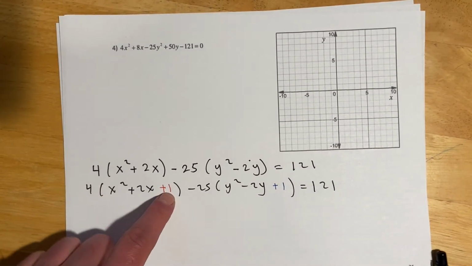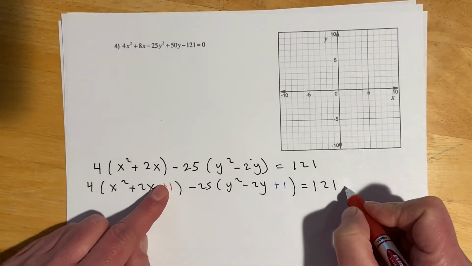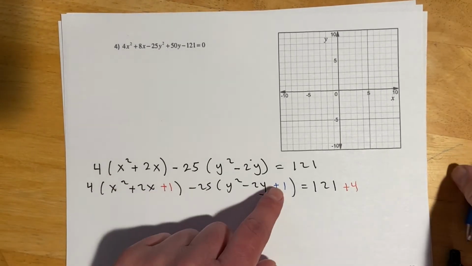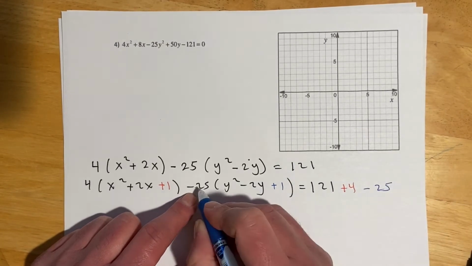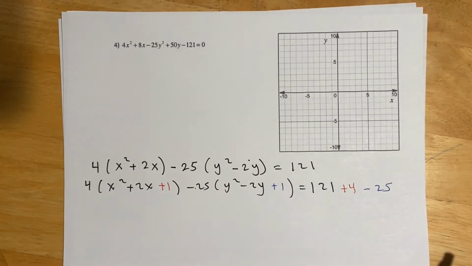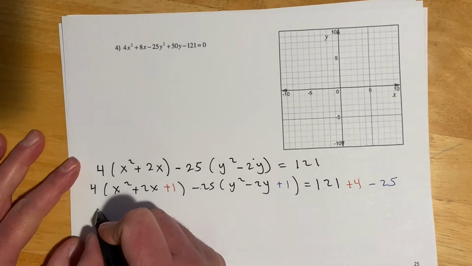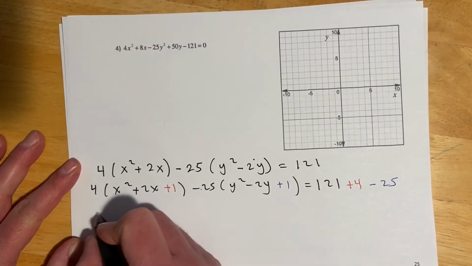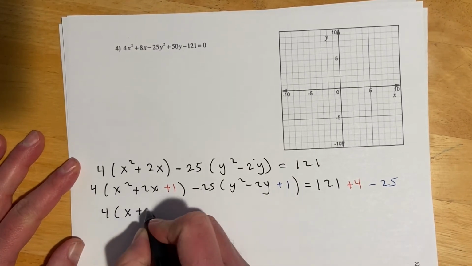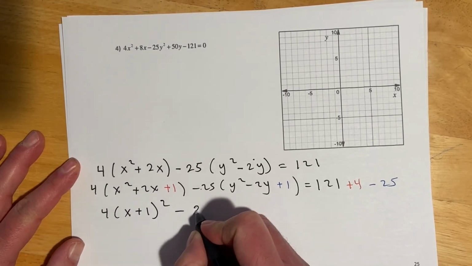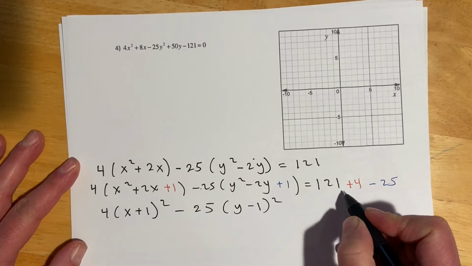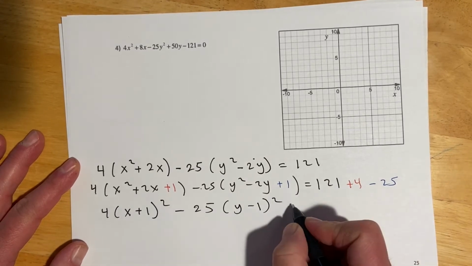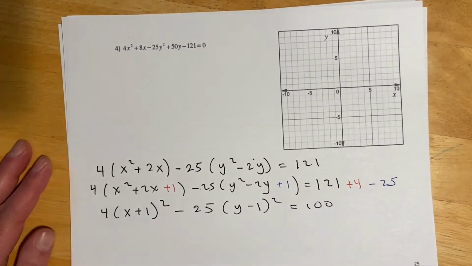And then this isn't really 1, this is really 4 times 1, so that one is +4. And then that's not really 1, that one's really -25, because of that -25 in front. So now if I factor and collect terms, I'm going to have 4 times x plus 1 squared, 25 times y minus 1 squared, and then that is 125 minus 25, which makes 100.